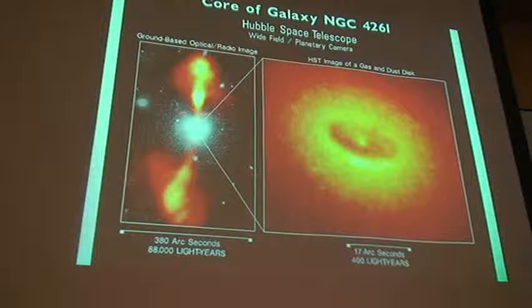This is the whole galaxy. The size of this galaxy is, say, 30 kiloparsecs, which is 100,000 light years. And each jet is three times longer than that.